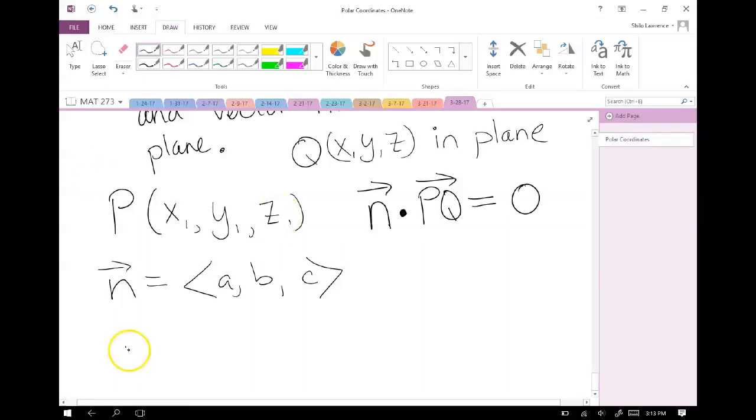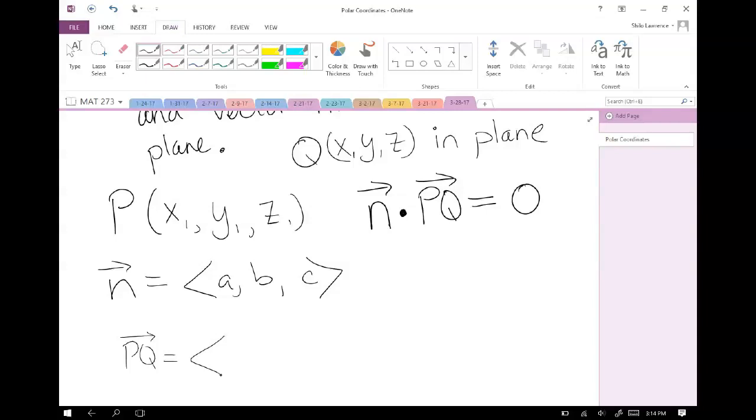Now to create vector PQ, we do the Q's minus the P's. Q is just a variable vector. It represents any possible point that could be in the plane. So Q has the variables x, y, z in it. P has point values though. It's got coordinate values, x1, y1, z1. So what would the component form for PQ be? How do we find component form if we know the beginning point and the ending point?